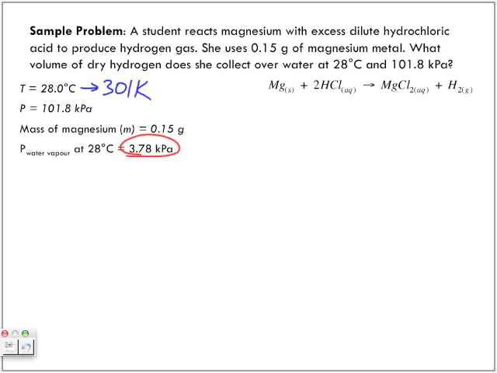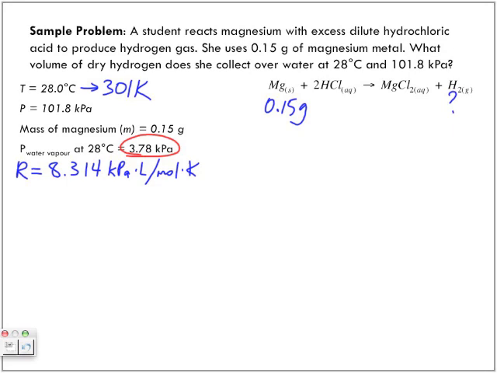We know our R value, 8.314 kilopascals liters per mole Kelvin. We know that 0.15 grams is magnesium, and we're trying to find what volume of dry hydrogen she collects over water.